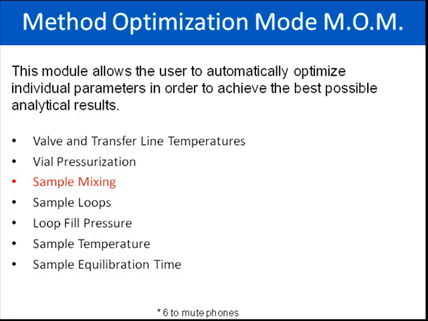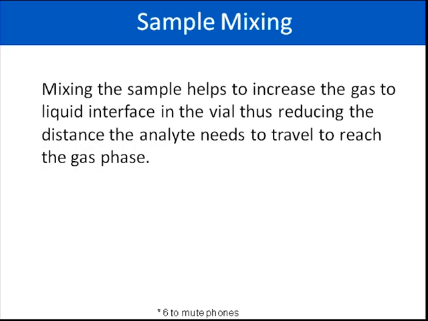Another parameter that we're able to change in our method optimization mode is sample mixing. This helps to increase the gas to liquid interface in the vial, thus reducing the distance the analytes need to travel to reach the gas phase. For example, when you're trying to pull volatile organic compounds out of a soil, you will add some type of methanol or extraction solvent.